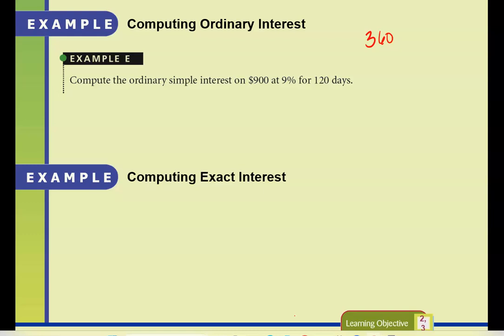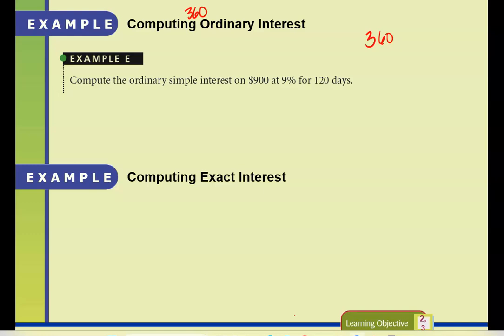So just remember, if you ever see computing ordinary interest, that is going to be using 360 days. I actually remember it because the O in ordinary looks like a 0. And ordinary interest is used when we have days as our time.